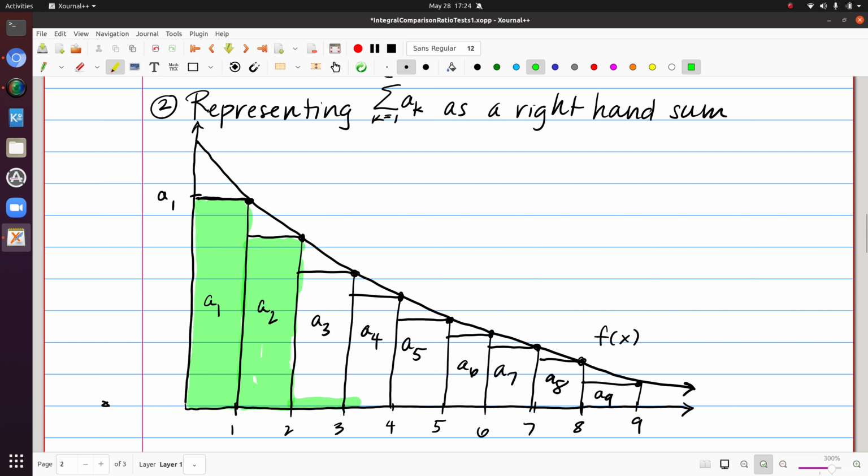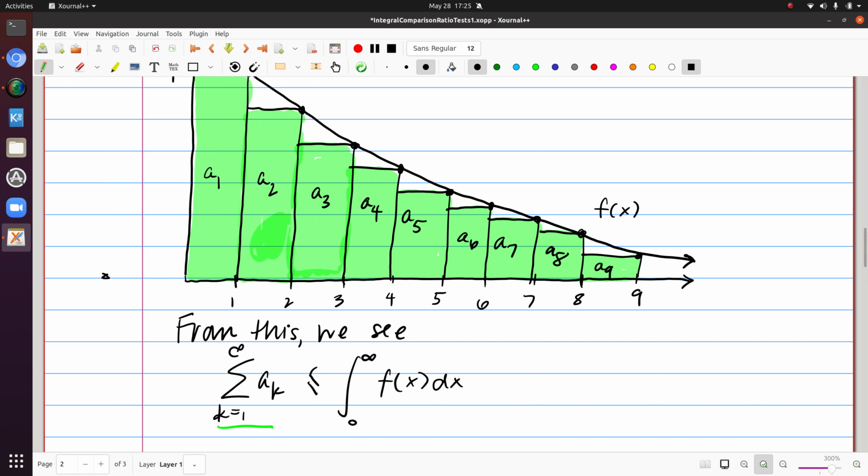So from this picture, we see instead that my infinite sum, which is yet again represented by the green rectangles, is bounded above by the area under the curve of f of x, as long as I represent the appropriate interval, which is now from 0 to infinity.